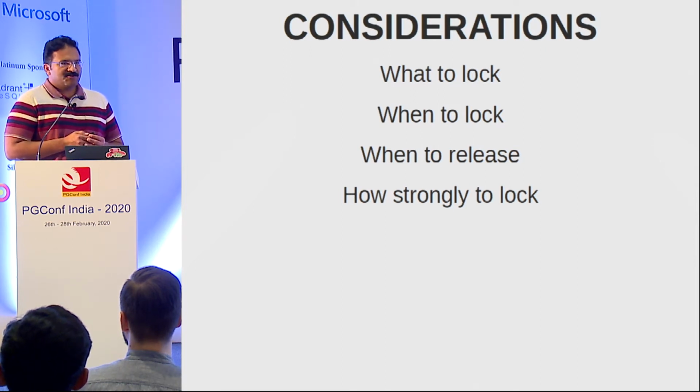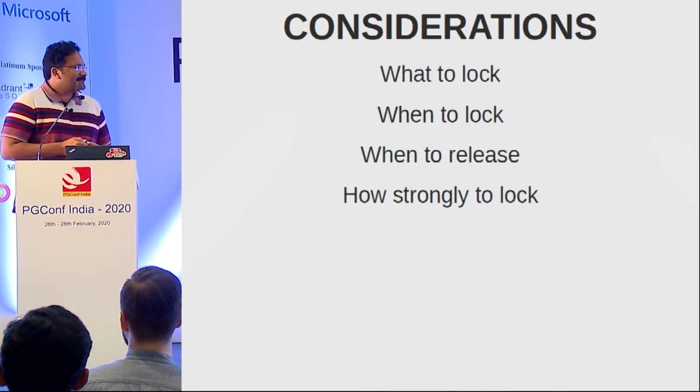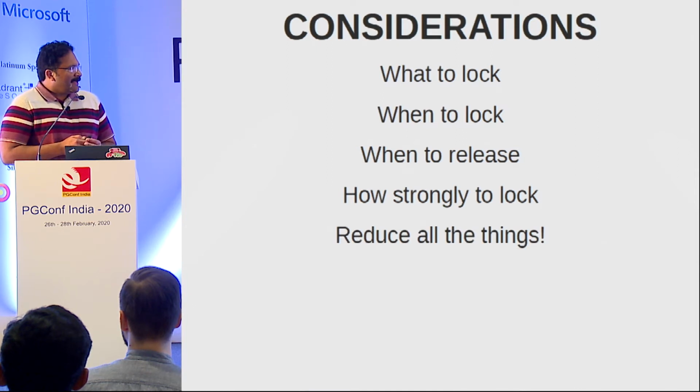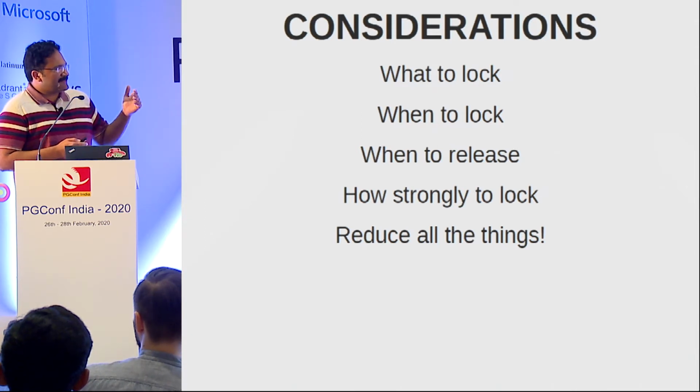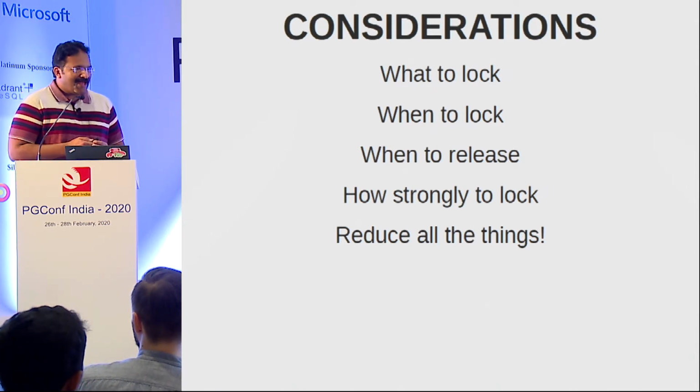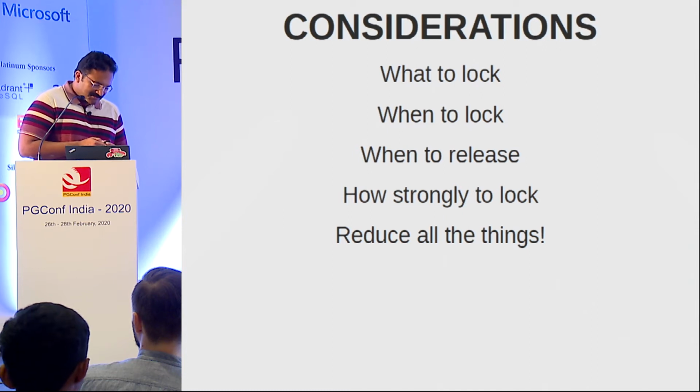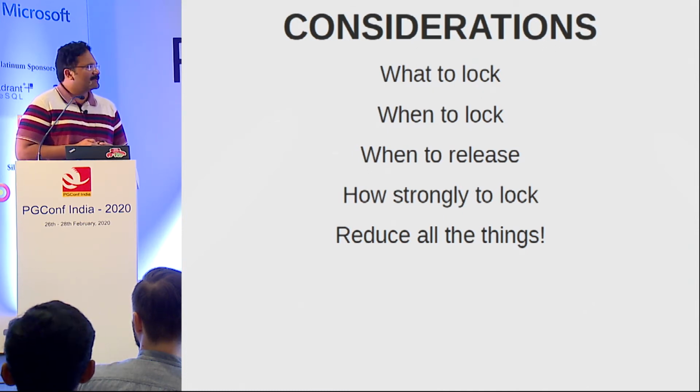So readers shouldn't try to acquire a write lock because it would be pointless and block things that didn't need to be blocked. And generally, as Postgres developers, there's a need to try to do all of these things in the backend so that you get the best performance possible.